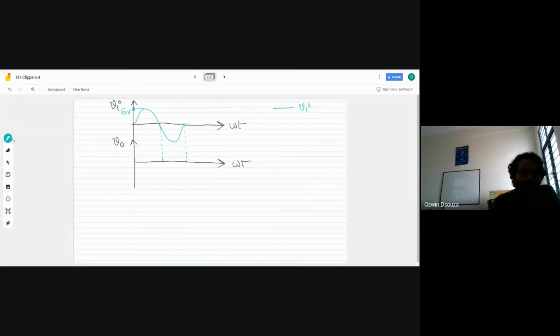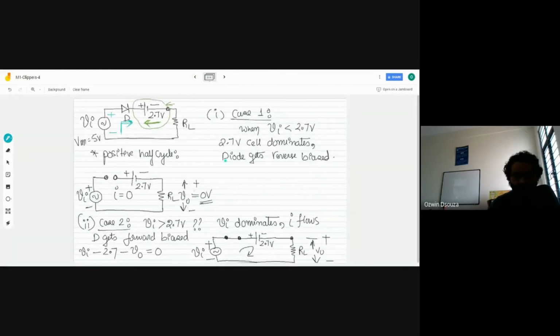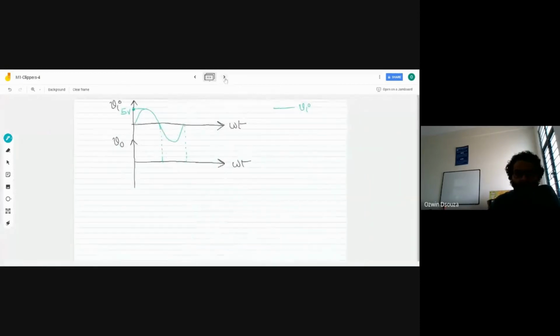Okay. And if you observe that your positive half cycle is getting affected with the DC voltage, right? So what you do, you draw a DC level of 2.7 in your waveform. So let's say this is your DC level.